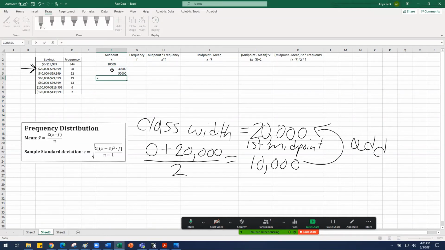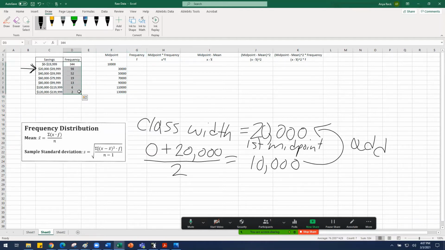You just keep adding 20,000 all the way down. Or you can still stick with the formula, add the two classes, divide by 2 to get the midpoint. That's your preference.